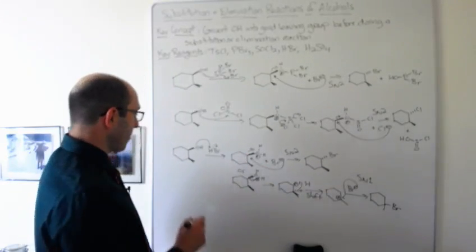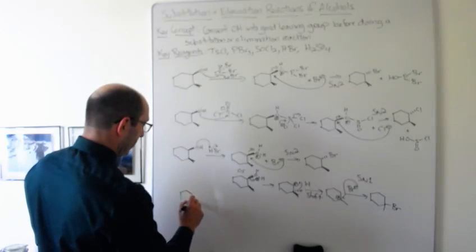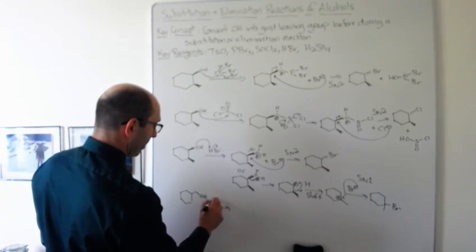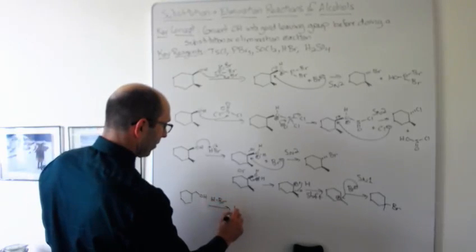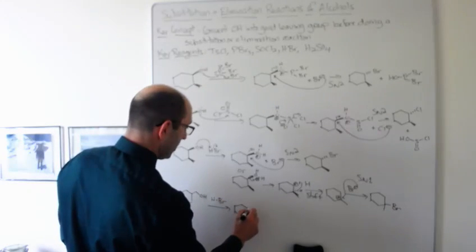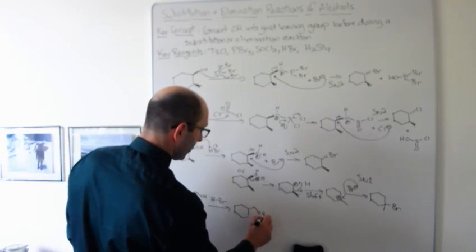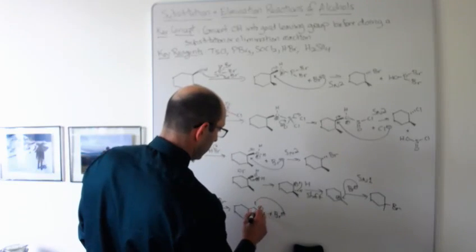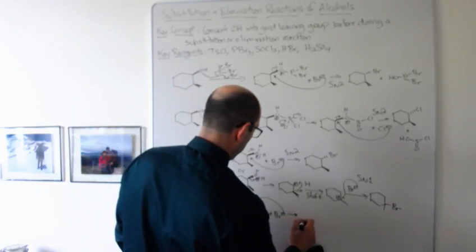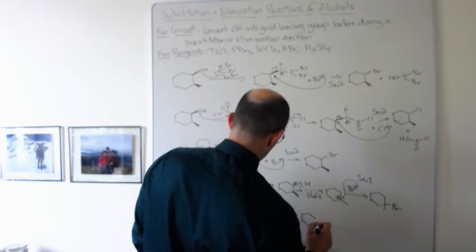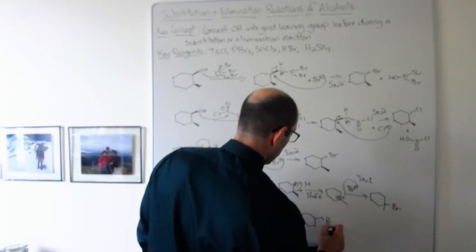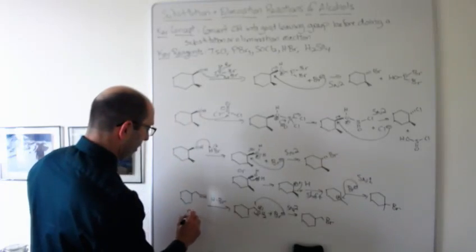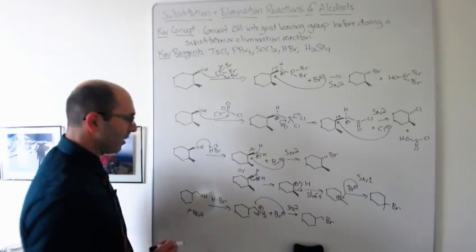If we have a primary alcohol, so if we have this alcohol with HBr, this is going to be SN2 only. Right, so for a primary alcohol, it's going to be SN2 only, right?